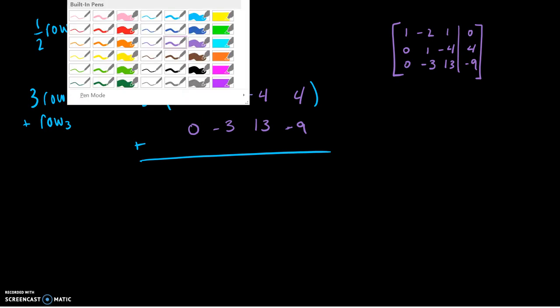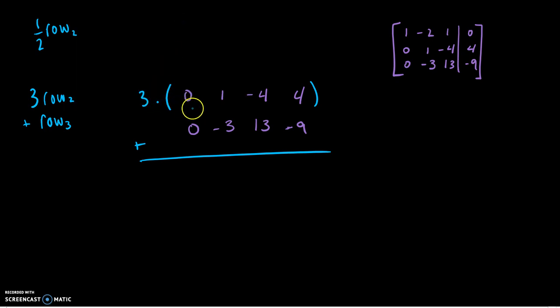We get 3 times 0 is 0, plus 0, now we're just back at 0. Look at that. 3 times 1 is 3, plus negative 3, we're at 0. And this is what we wanted. This was our objective. 3 times negative 4 is negative 12, plus 13 is 1. And then 3 times 4 is 12, plus negative 9 becomes 3.